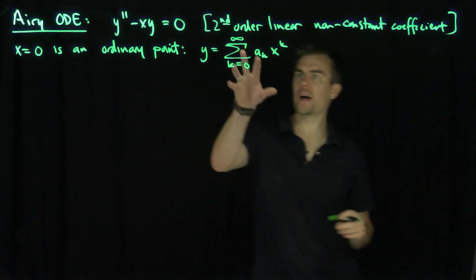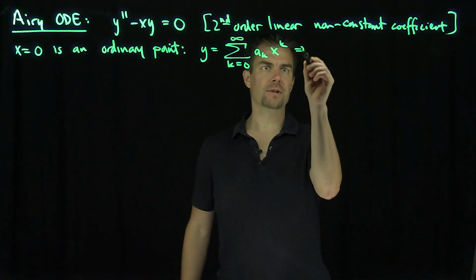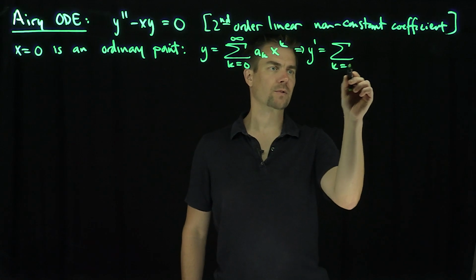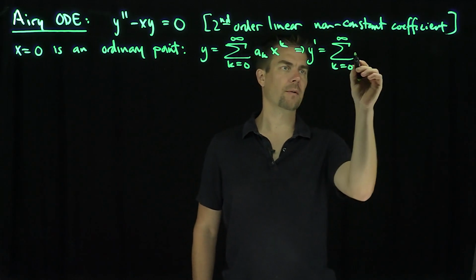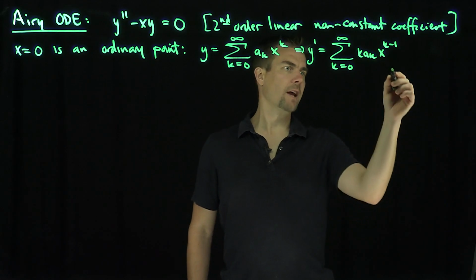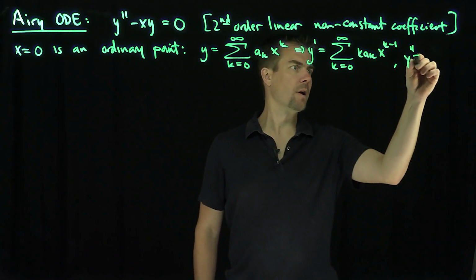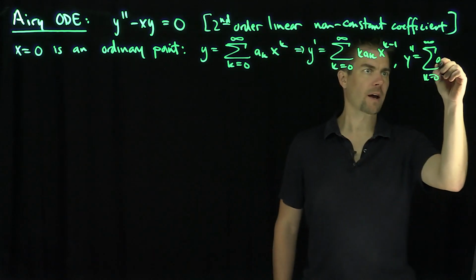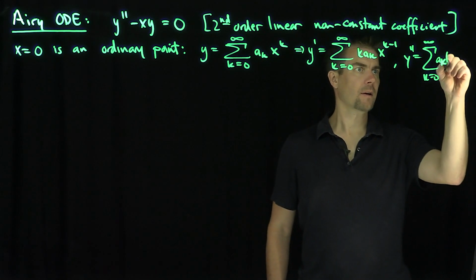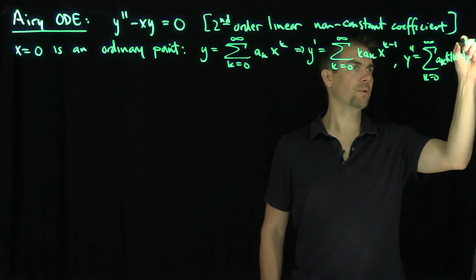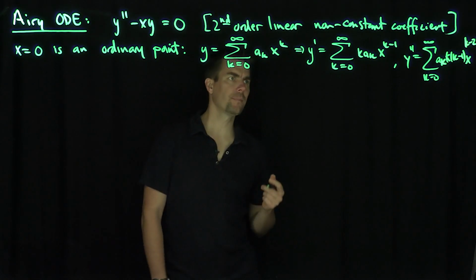If y is given by this, the standard idea now is to differentiate. y prime is the sum, k goes from 1 to infinity of k a_k x to the k minus 1, and y double prime is the sum, k goes from 0 to infinity of a_k k(k minus 1) x to the k minus 2. Good.